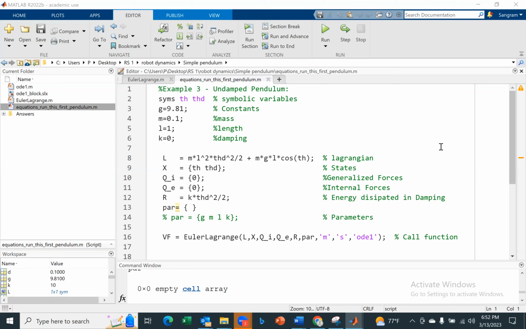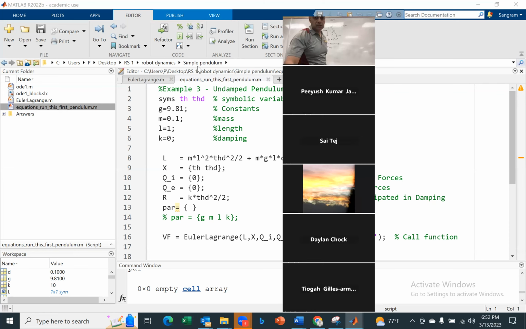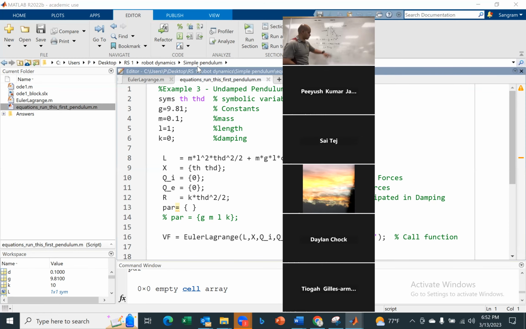Is everyone okay with this? Online students, can you see my screen and equations? Yeah. So this negative becomes positive here.